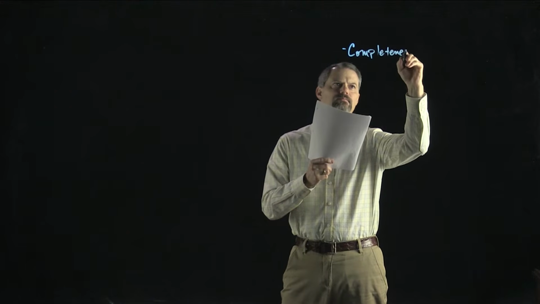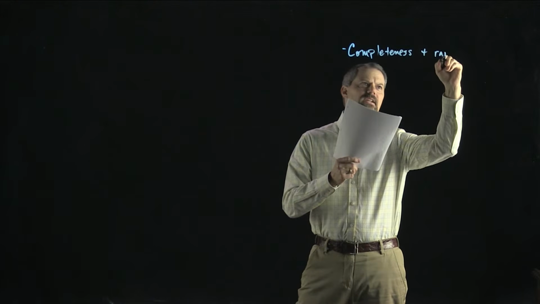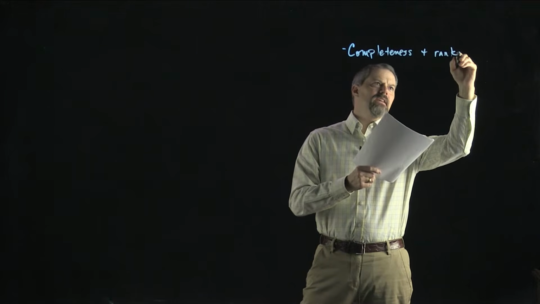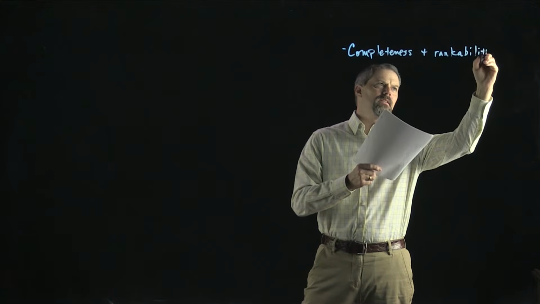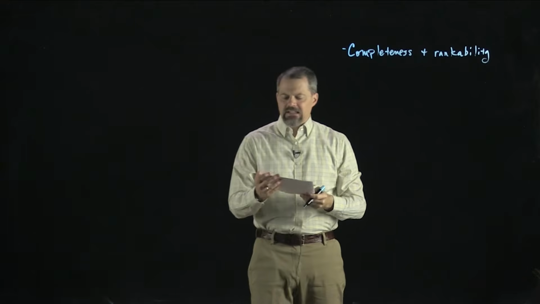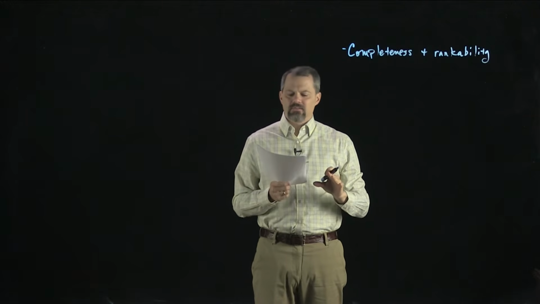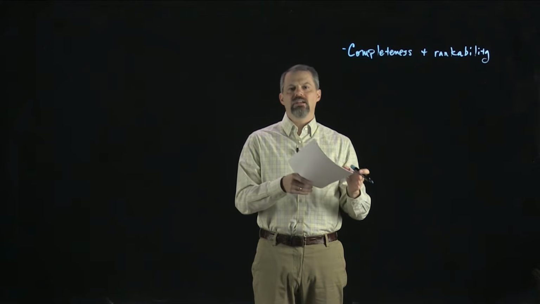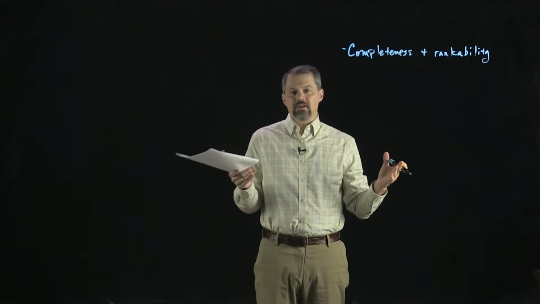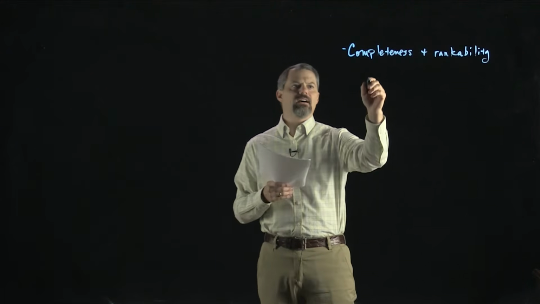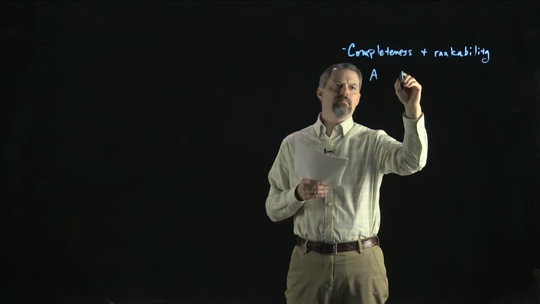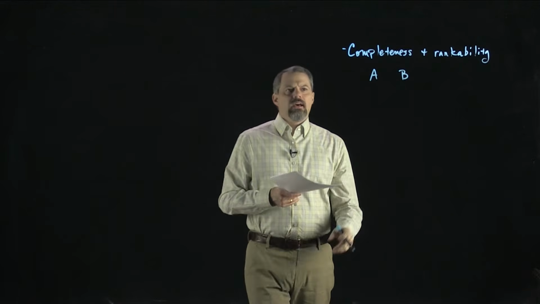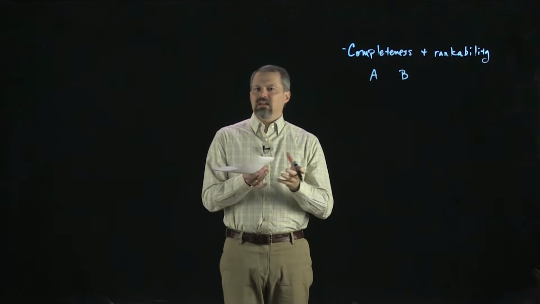Completeness and rankability. And the idea here is that given any two bundles, A and B, the consumer can decide if they like A more than B, or B more than A, or if they're indifferent between the two. So if we have two bundles, A and B, a bundle would just be some combination of things.